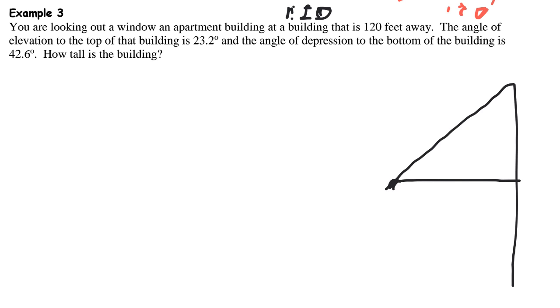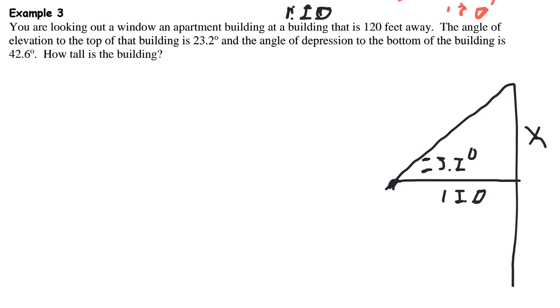You go straight across. You have 120 feet away from you, a straight line. Your angle of elevation is 23.2 degrees. That'll give you an X because you use tangent, opposite over adjacent.